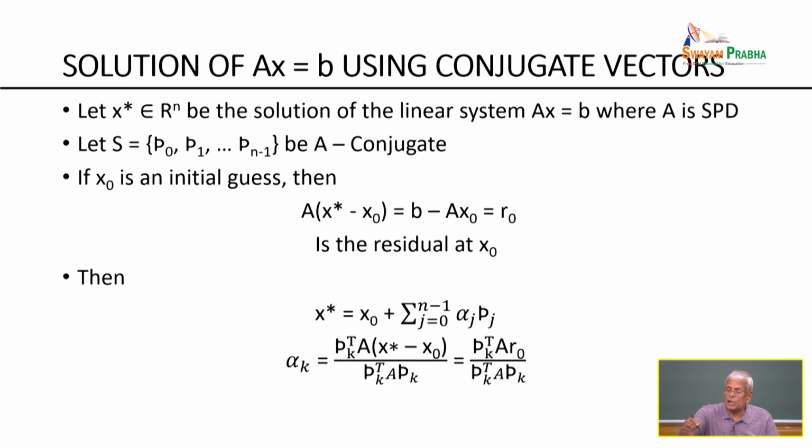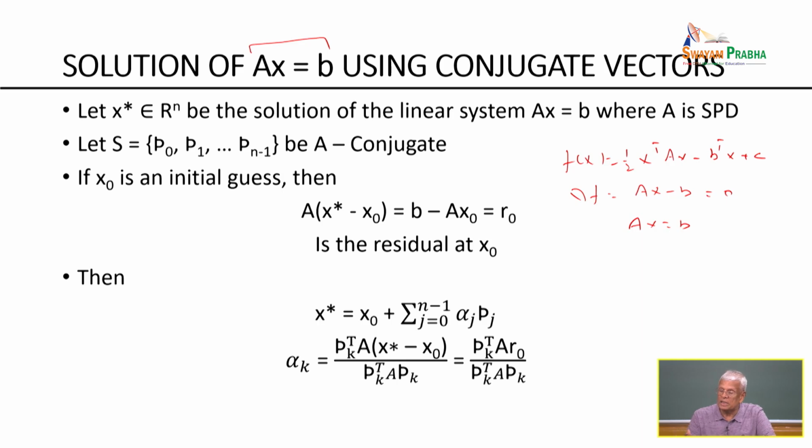So, using conjugate vectors, I am going to show I can solve the system Ax equals b. But before I go there, I want to tell you something. If I have f of x equal to 1/2 x transpose A x minus b transpose x plus c, the gradient of f of x is equal to Ax minus b, and the gradient equal to 0 means Ax equals b.